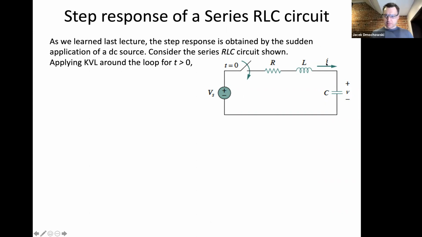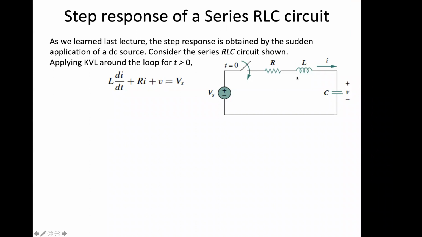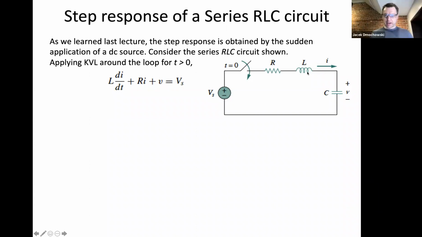Because it has a common current I, we're going to express our KVL in terms of I. The voltage drop across the resistor is equal to R times I. The voltage drop across the capacitor, we're going to call V. And the voltage drop across the inductor is by definition equal to L times the derivative of I. Those 3 voltage drops have to equal the battery voltage.